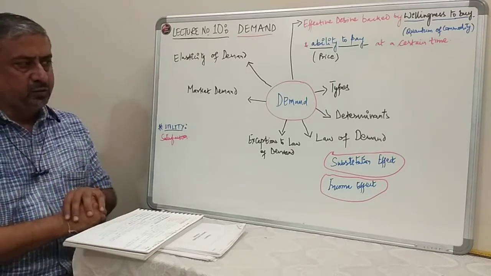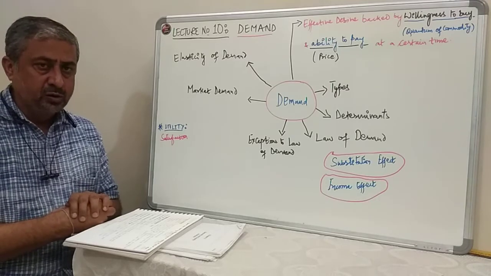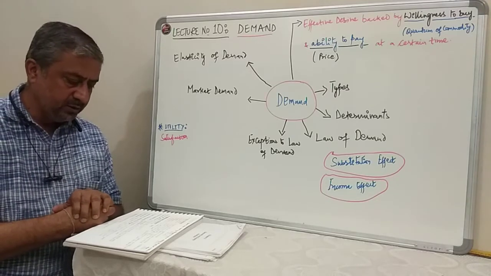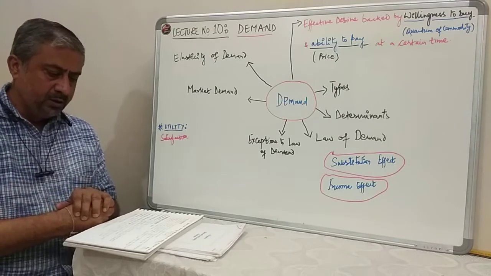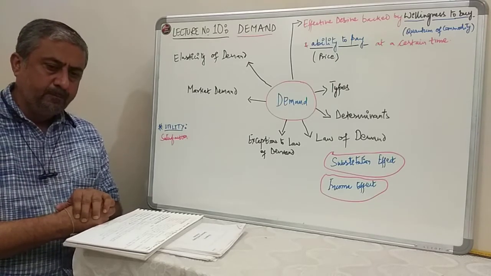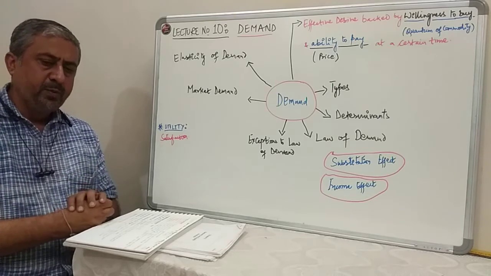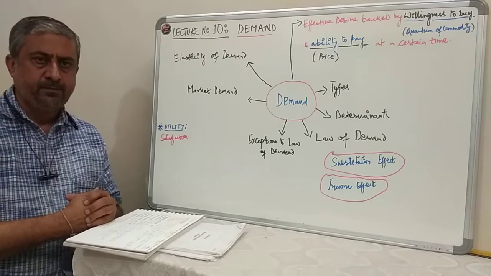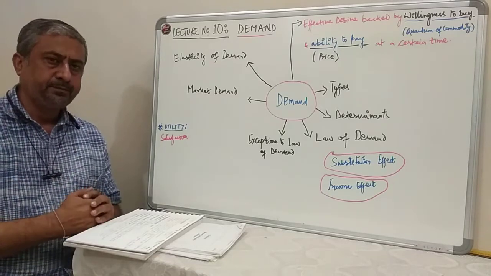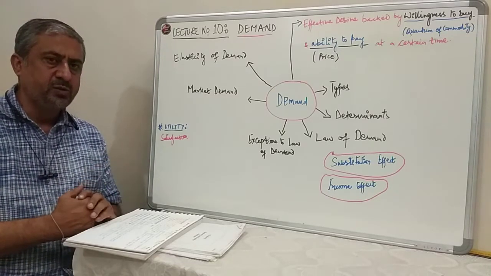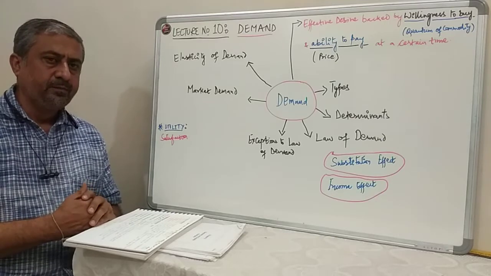Prices of related goods also influence demand. Substitutes. Say for example, if the price of Surf Excel goes up, demand for Ghadi detergent also goes up. What are these? Substitutes. Right?